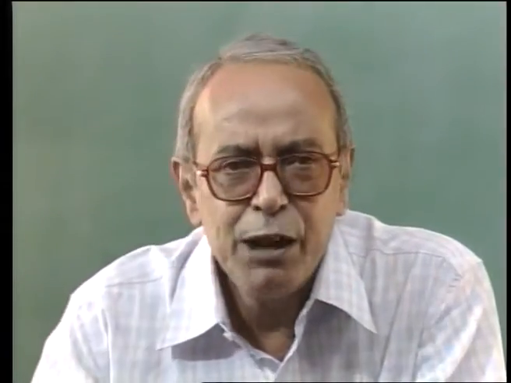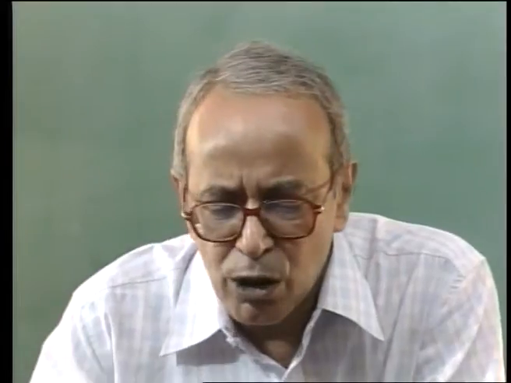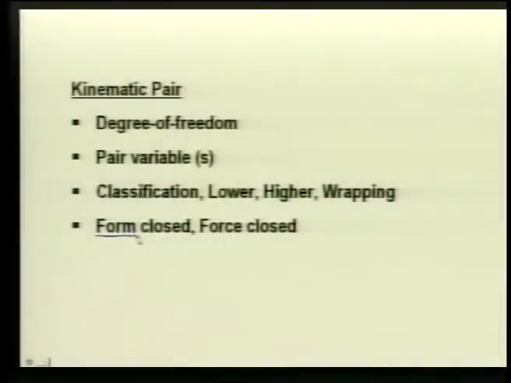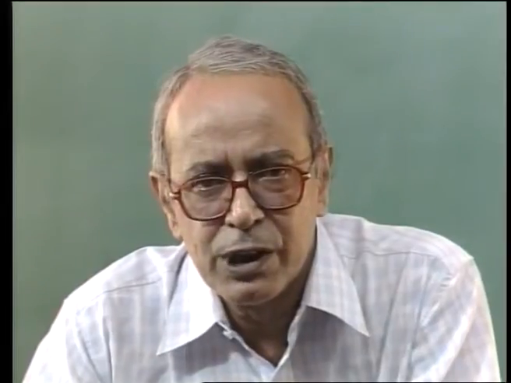There is another way of classifying the kinematic pair, namely sometimes it is called a form closed pair, sometimes it is called a force closed pair. Let me now explain what do we mean by form closed.